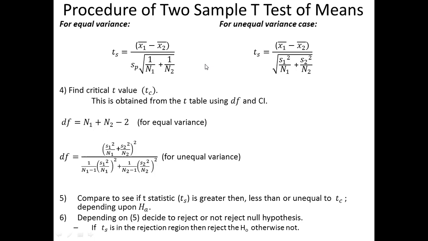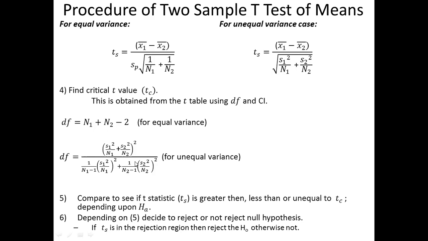And the degree of freedom for the unequal variance case is given by this big formula, which is S1 square upon N1 plus S2 square upon N2, the whole square of it, divided by 1 upon (N1 minus 1) times (S1 square upon N1) whole square, plus 1 upon (N2 minus 1) times (S2 square upon N2) whole square. So it's a weird looking formula. It looks quite scary, but believe me, it's really easy to work with. We just have to plug in the values and we can easily get the answer for the df.